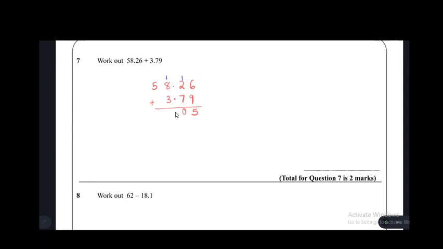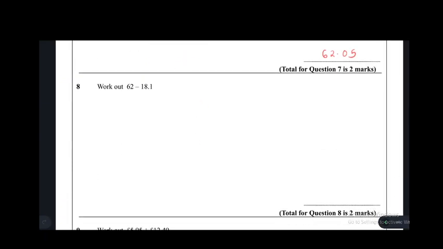Then we bring down the decimal point. Always remember to bring down the decimal point. And then 8 plus 1 is 9, 9 plus 3 is 10, 11, 12. 2, we carry 1. And then we have 5 plus 1, which is 6. So our answer will be 62.05. Let's move on to the next one.